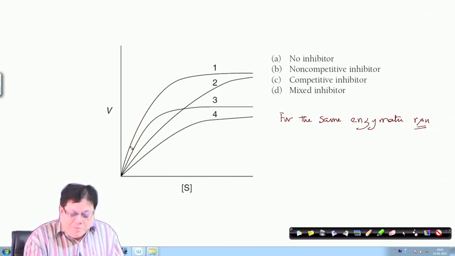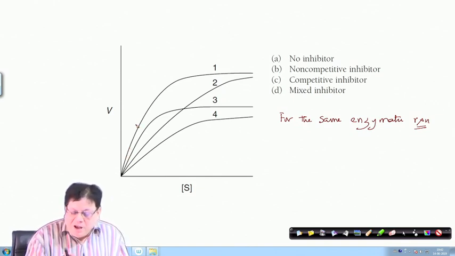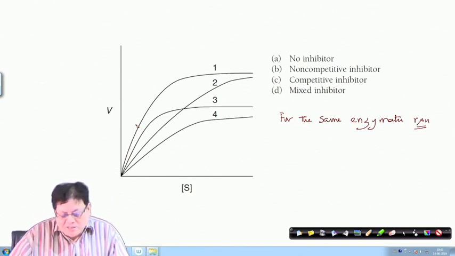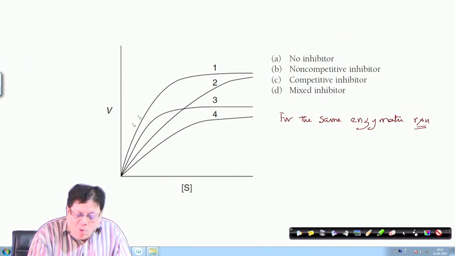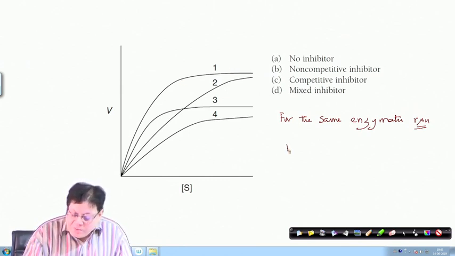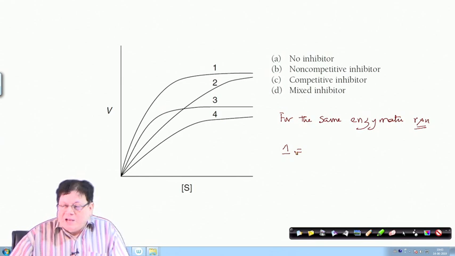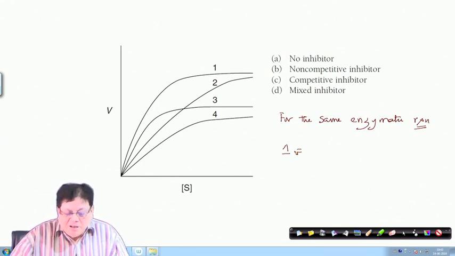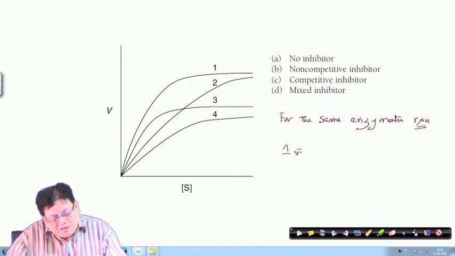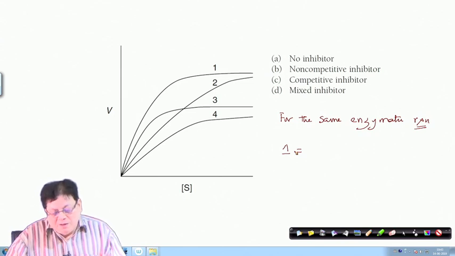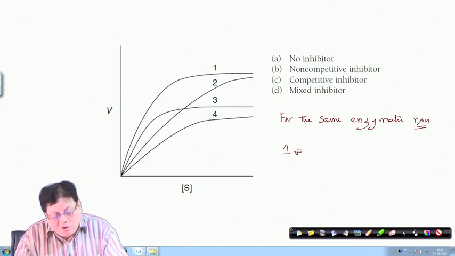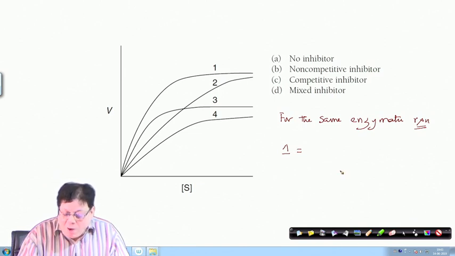So, this curve represents the highest values of velocity. If that be the case, then this is the one where there is no inhibitor, because an inhibitor slows down the reaction. Normal enzyme kinetics means the fastest growing curve, which will be followed when there is no inhibitor. So, 1 is basically where there is no inhibitor present. I hope this is clear.